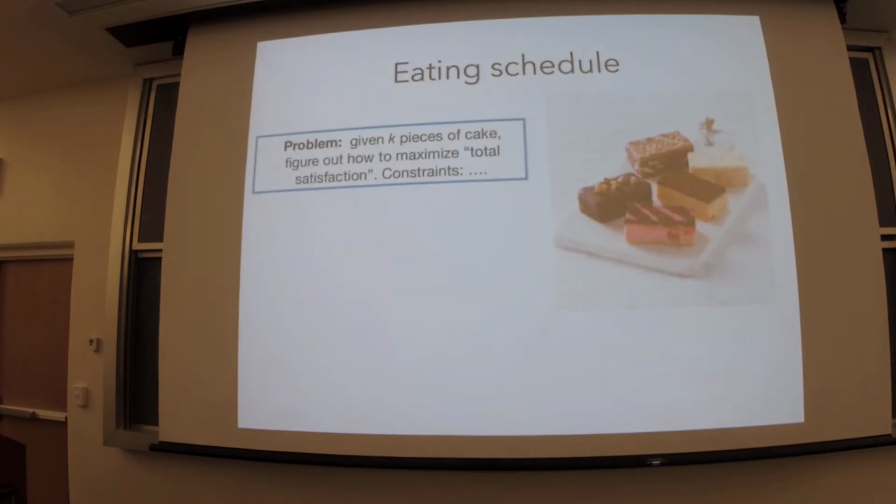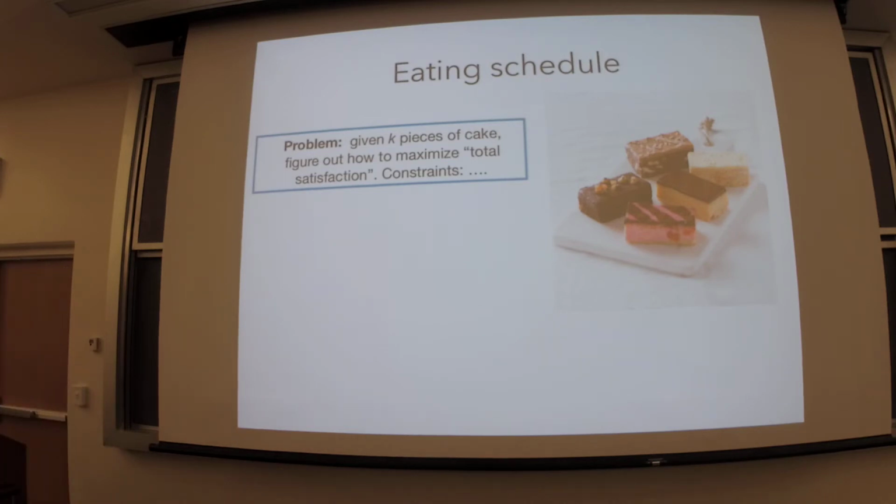So let's start with a very simple question. This is an example of why dynamic programming is often used in control theory type problems, where you have to make some decisions one after the other. The problem is the following: you're given k pieces of cake on a certain day.